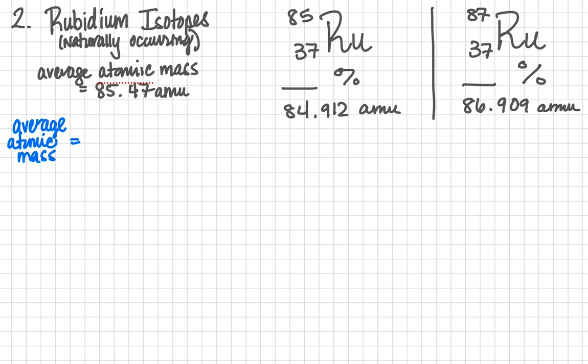Same thing. For the other isotope, we don't know the percentage, we know the mass, and we have the average atomic mass right here. So we're going to start with 85.47 AMU is equal to, I'm going to do the same thing. I do not know what they are, but I know that since they're naturally occurring, keyword, all the isotopes that they give me have to equal 100%. Right now it's 2.